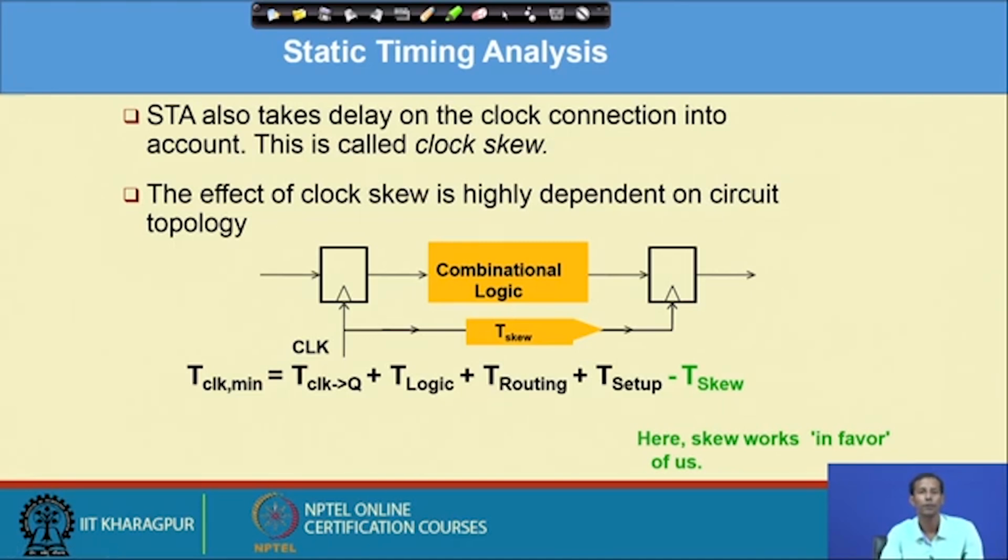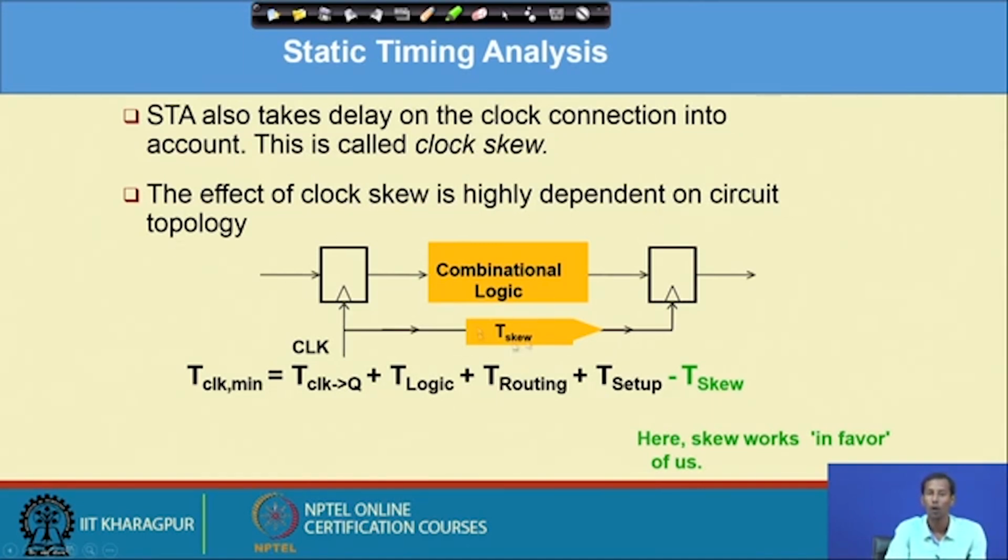So, the tool itself fetches those data, computes based on this equation, and shows you that okay, this is the minimum clock period requirement for your design. Okay. So, here you see that STA takes delay on the clock connection into account, which is called clock skew. The effect of clock skew is highly dependent on the circuit topology.